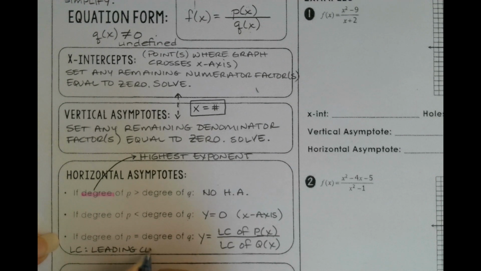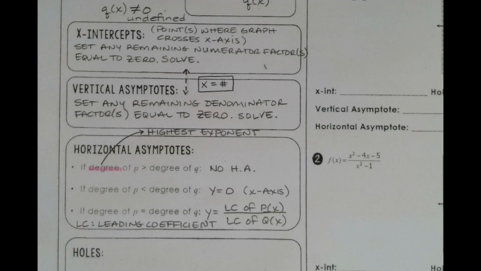And all of these are terms that you learned in the polynomial section. But let's say you have forgotten or you do not recall and need a refresher. So let me remind you what that means.